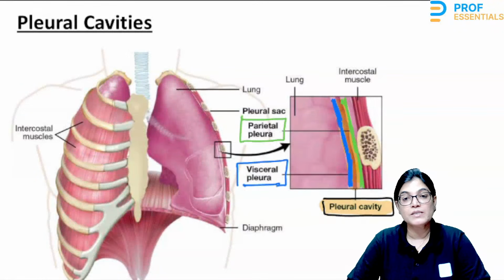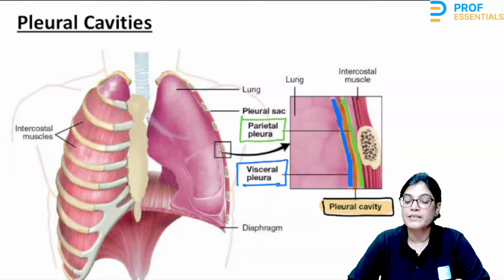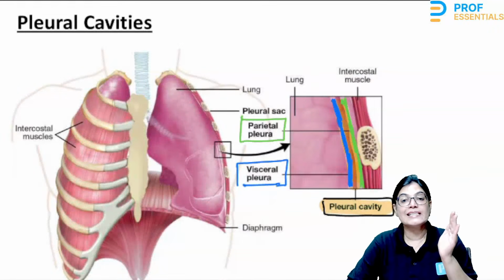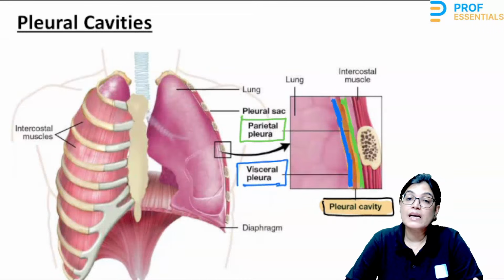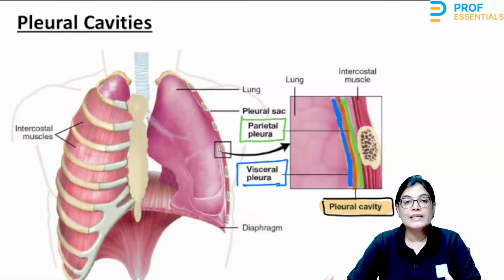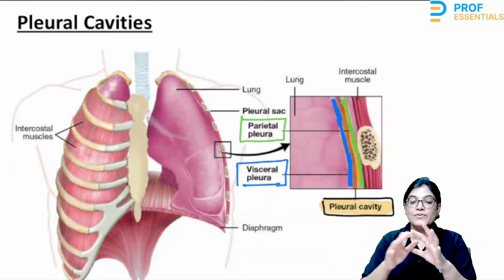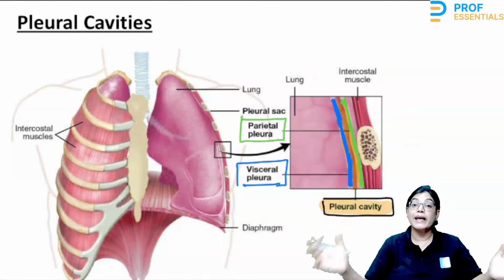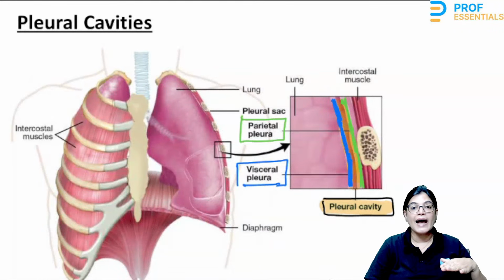The serous membrane is made of two layers, the visceral and parietal, as is known to you. The space lying exactly between the visceral pleura and the parietal pleura is called the pleural cavity. The visceral pleura invests and surrounds the lung surface, adherent to it, and the parietal pleura is attached to the inner aspect of the thoracic cavity.